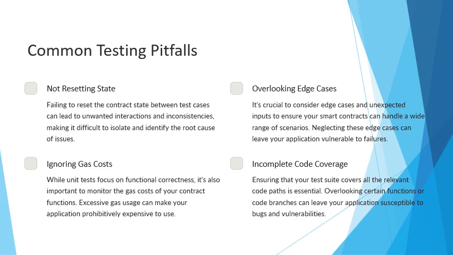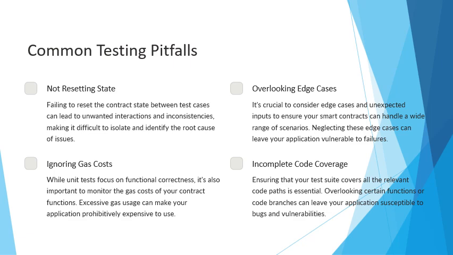Here are some common testing pitfalls. Not resetting state: failing to reset the contract state between test cases can lead to unwanted interactions and inconsistencies, making it difficult to isolate and identify the root cause of issues.